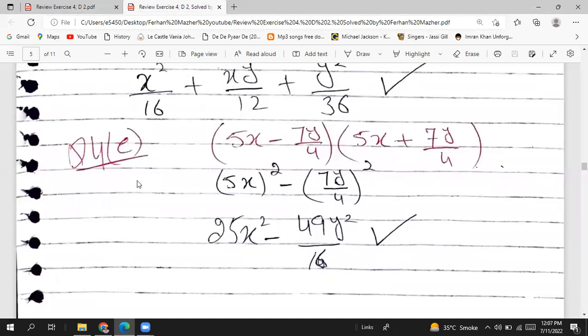So here you can see I have taken 5x whole square minus 7y by 4 whole square. So it will be 25y square minus 49y square by 16. This is how you will do it. We have used the formula a minus b into a plus b is equal to a square minus b square. So that's question number 4, E part.